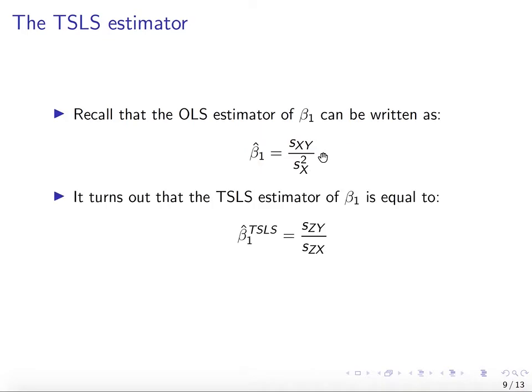It turns out that the beta hat 1 that you get from two-stage least squares, so the one coming from regressing yi on xi hat, the one you get from the second stage, is actually the ratio of the sample covariance between z and y over the sample covariance between z and x.